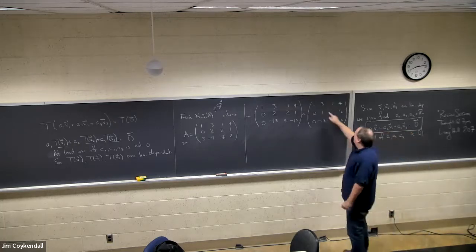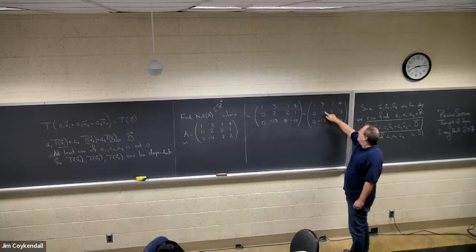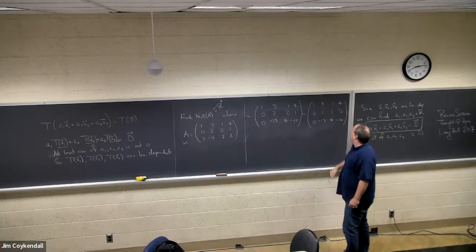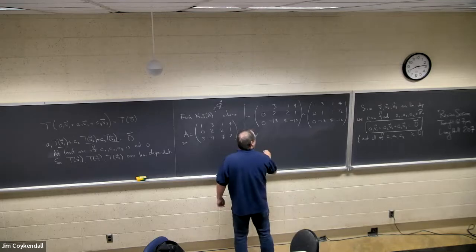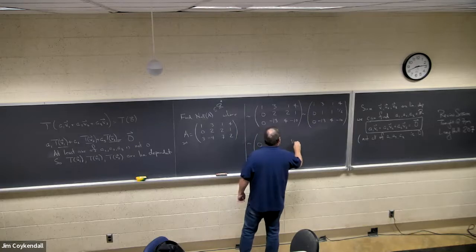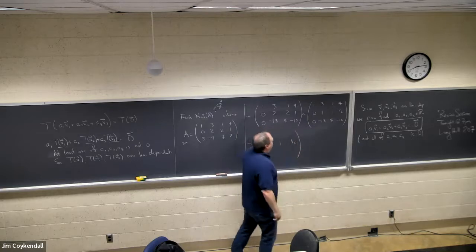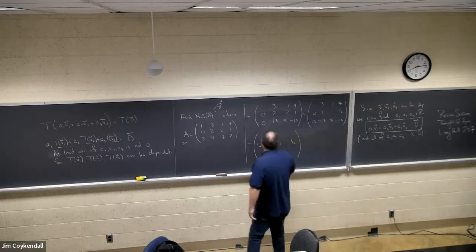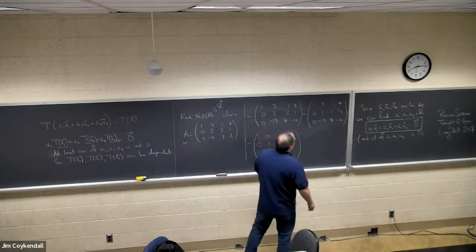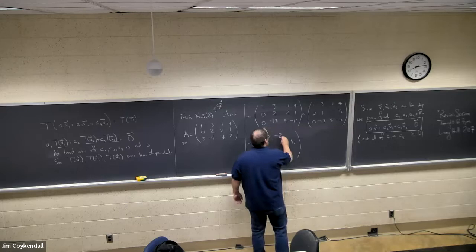And now I'm going to use this one here. And I'm going to eliminate above and below. So I'm going to leave the second row the same as it was. I'm going to multiply by -3 and add up here to kill this. That's going to be -2.